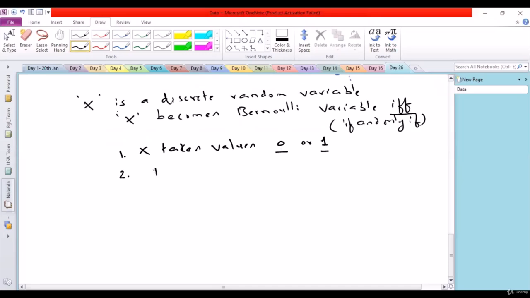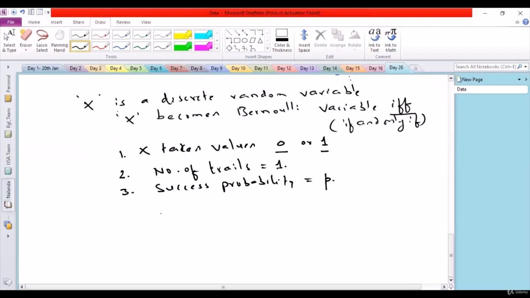Second, number of trials equals 1. Only one trial has been made. I can conduct the experiment multiple times, but the trial is only one. And the success probability equals P, small p.